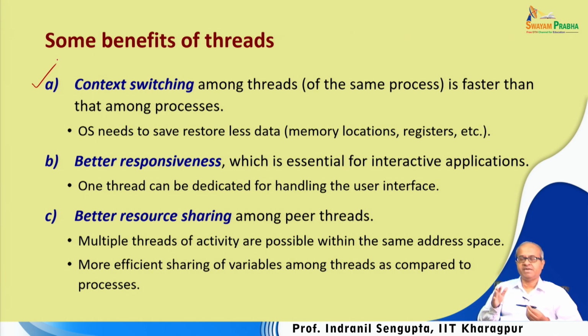Switching of threads, stopping one thread and starting another thread, is much faster as compared to stopping one process and starting another process. The reason is that the operating system needs to save and restore less data, because in traditional processes, memory, registers, process state, so many things have to be saved.